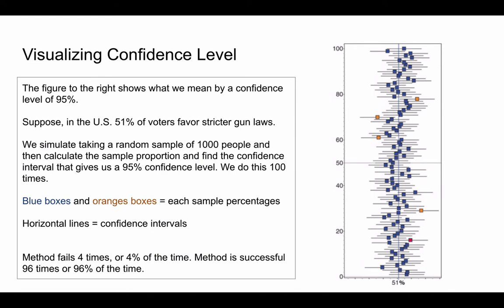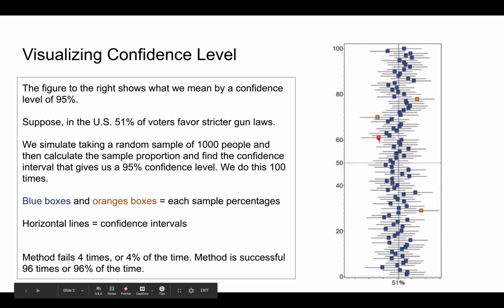This is one of the times that we took a sample of 1,000 and interviewed them, and that time we found some higher number than 51% favored stricter gun laws. It's kind of hard to tell here, this is like 75, so it's something like 60-something. So like 66% of people favored stricter gun laws for that sample.